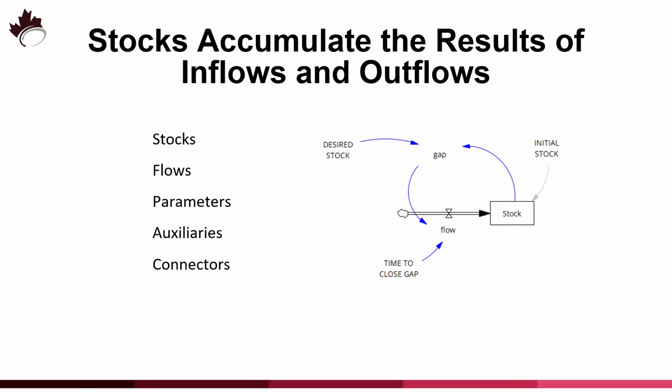And then we have connectors, those blue arrows that show the connections and the inputs to the equations in the auxiliary variables. Stocks are the state of the system, and they record the system's history. As I said, it's the behavior over time that's important here.